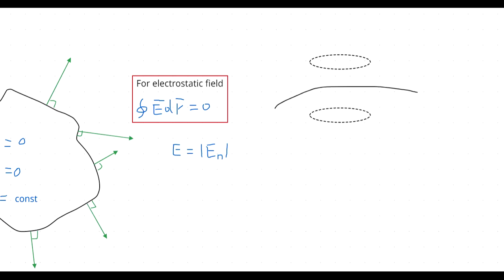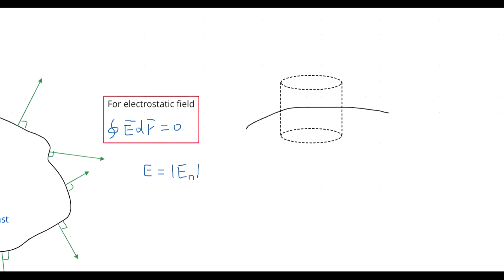And this cylinder can be drawn with dash lines. So this whole line is a surface of conductor, and the dash line is a closed geometrical surface.